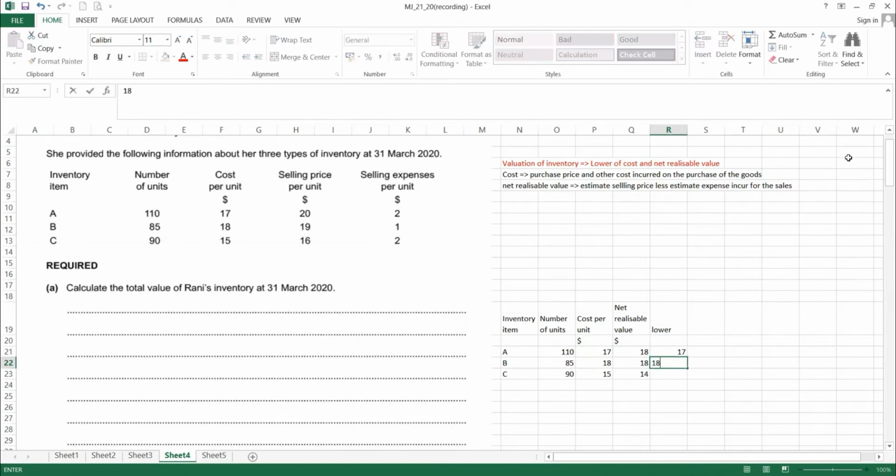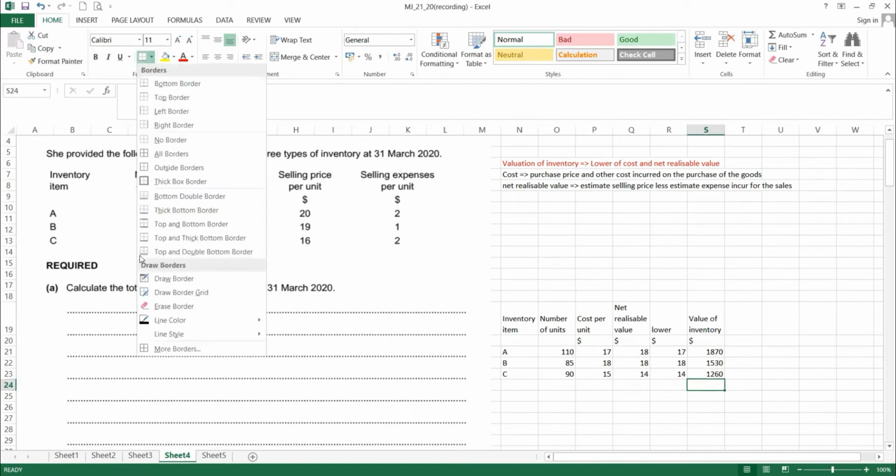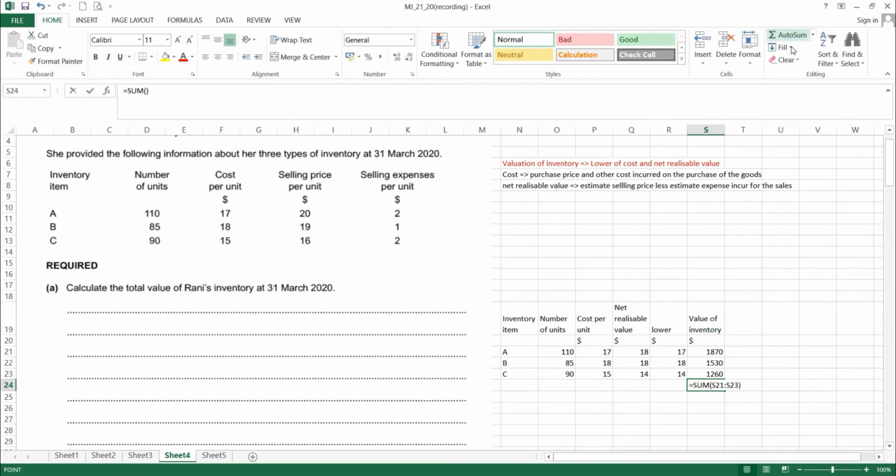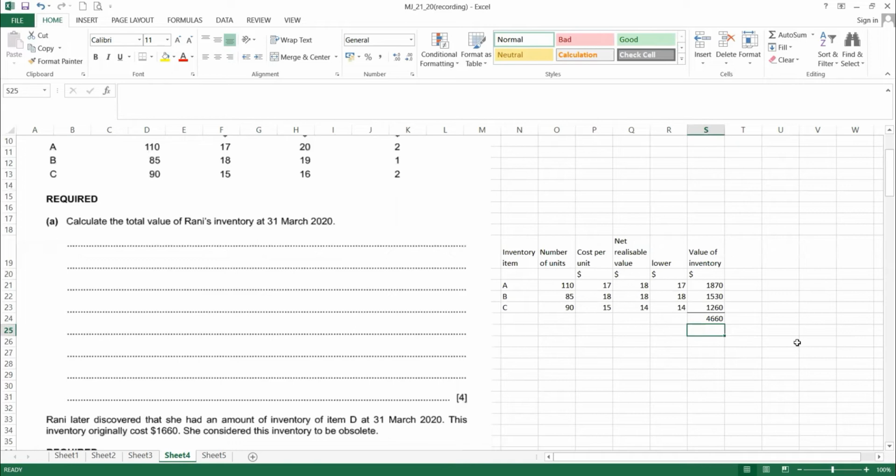And this one both same, so either one is the same, no effect. Whereas for this one the net realizable value is lower. So now we calculate the value of inventory. Take the quantity times the unit price. Okay, add all these amounts together. So we get the total of the inventory: 4,660.